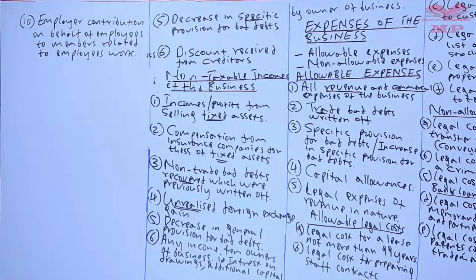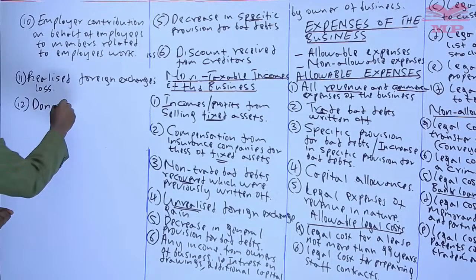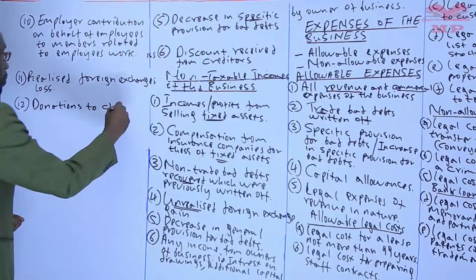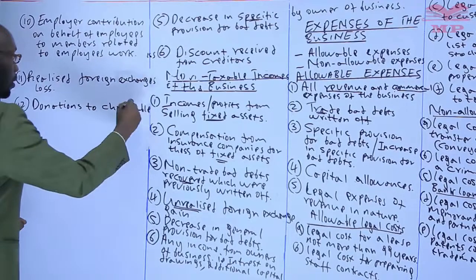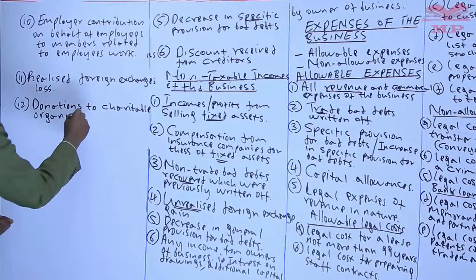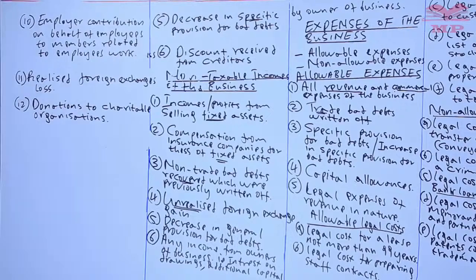Another allowable expense is contributions to charitable organizations. Question is, which are these charitable organizations?